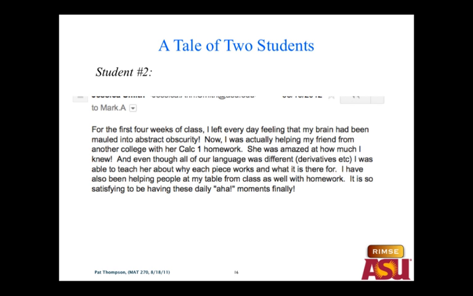I've also been helping people at my table. It is so satisfying to have these daily aha moments finally." Okay? So what does this tell me? It tells me that you can make a journey from an old mindset for math classes to this new mindset that's going to allow you to succeed in this class. But you just have to be willing, and it's going to take patience and hard work.